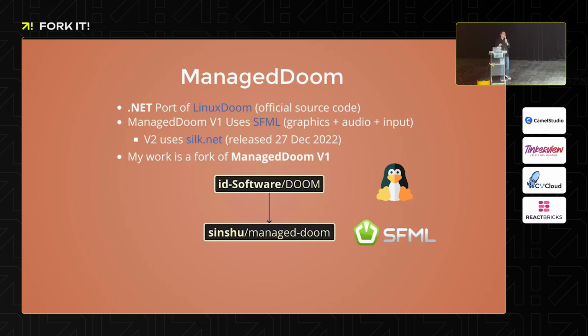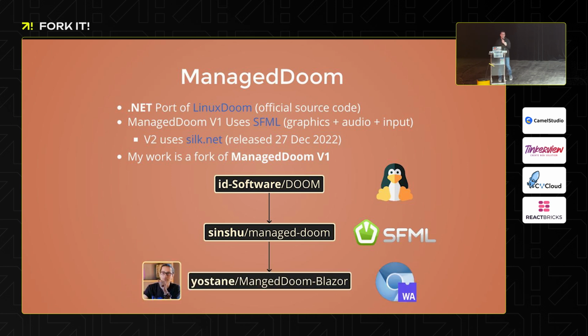And it uses the SFML library. SFML is a library which is written in C. It's also available in C#. It's similar to SDL. It allows to render frames, play audio, interact with the user input, but it's not available on browsers. So what I did is that I forked this project and I made the game run on browsers by replacing the SFML stack.